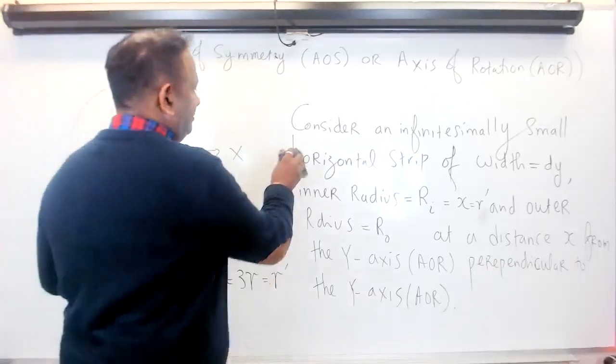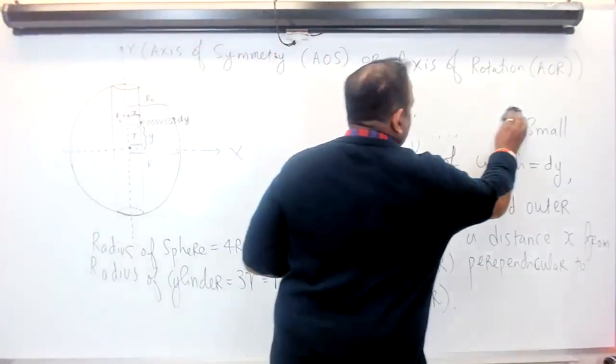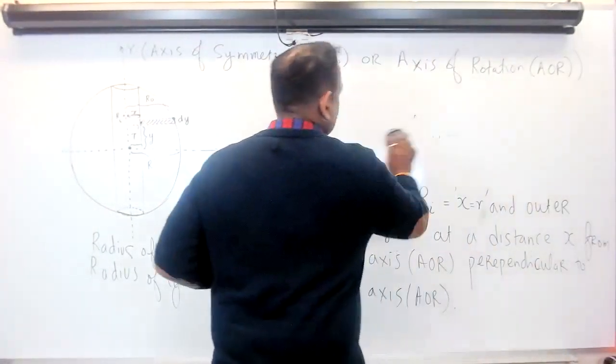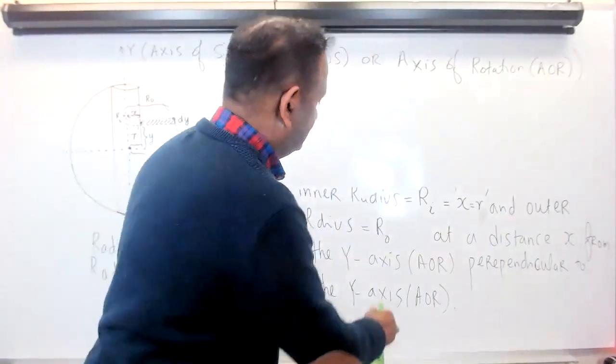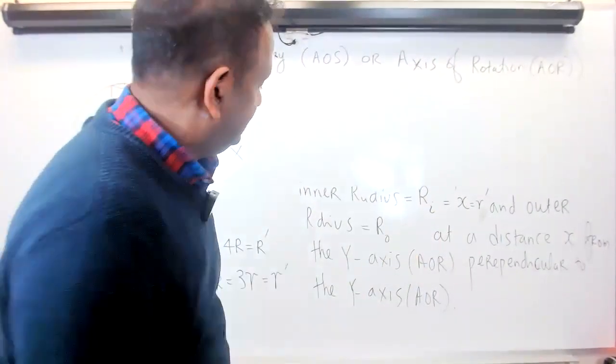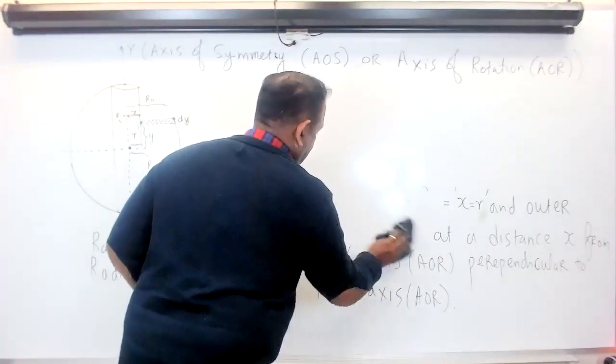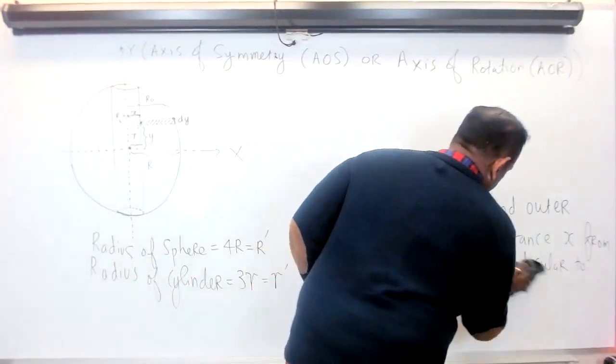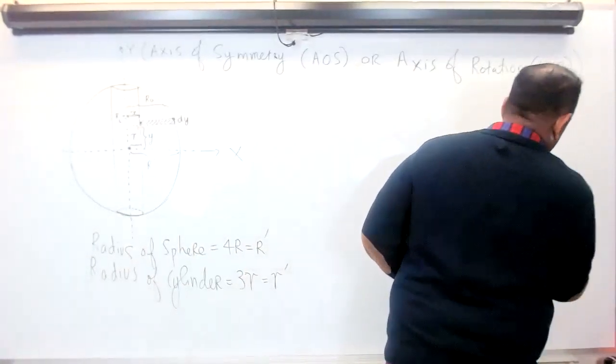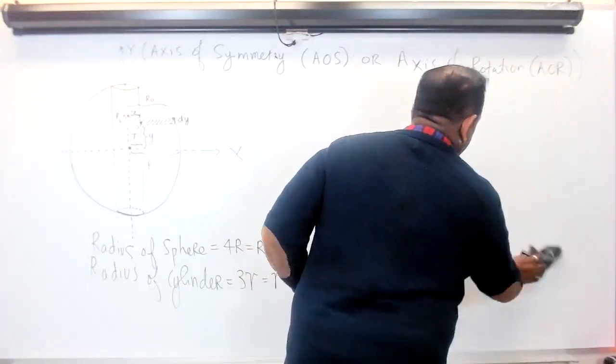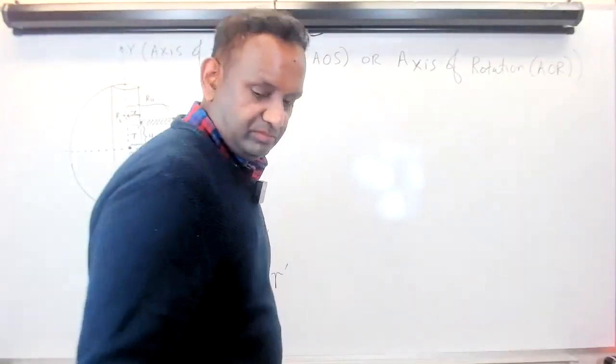So then what happens? When this strip is rotated, it's already done, okay. I'm trying to show you how this can be generated.